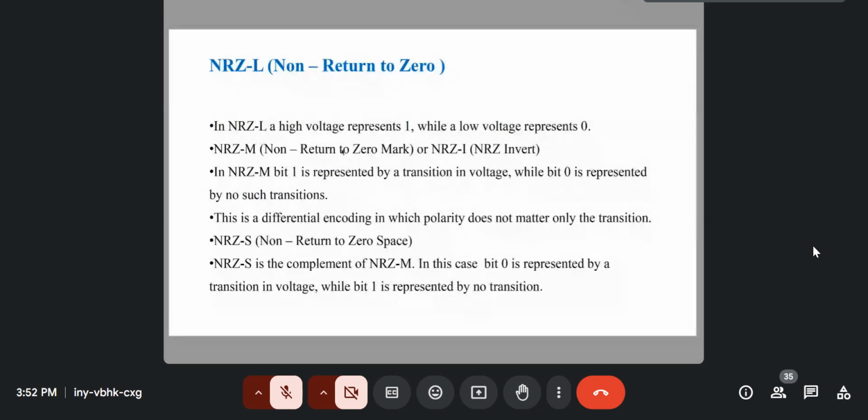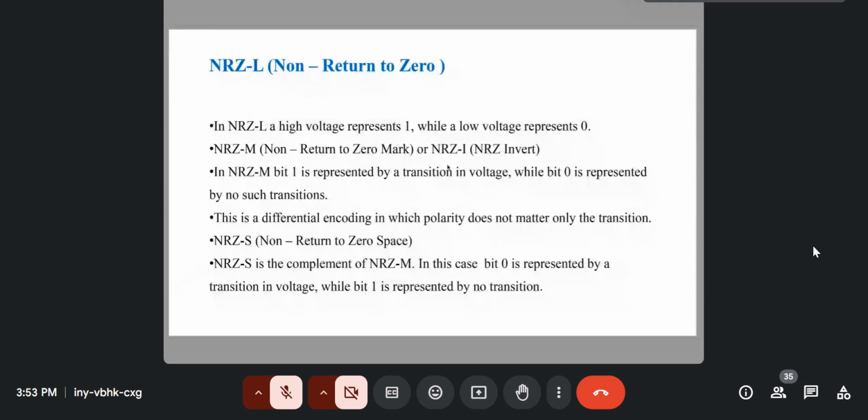Non-return to zero level, NRZ-L: a high voltage represents a 1, while a low voltage represents a 0. That is, the signal is encoded in the levels. Then there is NRZ-M. This means NRZ mark.